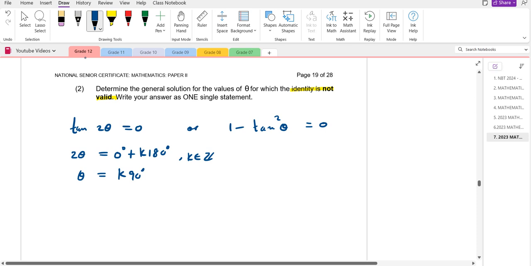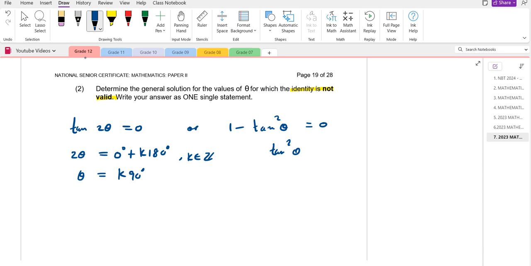And 1 minus tan squared theta equals 0, so tan squared theta is equal to 1. You can't just write it as 1 because we need a plus minus, so tan theta is equal to plus or minus 1. Now we have the general solution when tan is positive or when tan is negative. When tan is positive, theta is 45 degrees plus k180.